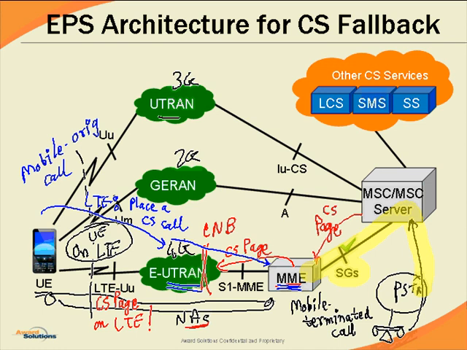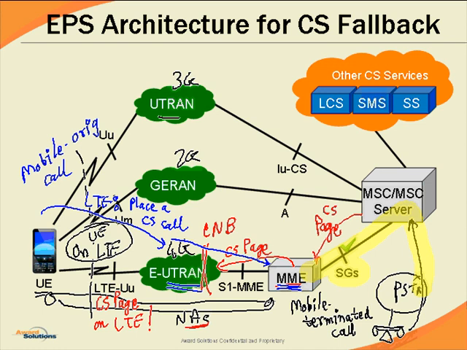It can only be either on LTE or a non-LTE technology. So we want to make sure we do not send packets, and we have to basically release the resources within the LTE system so that we do not waste our resources, and the UE will then make a call, or it could receive a call.